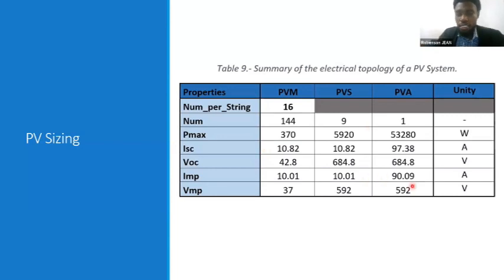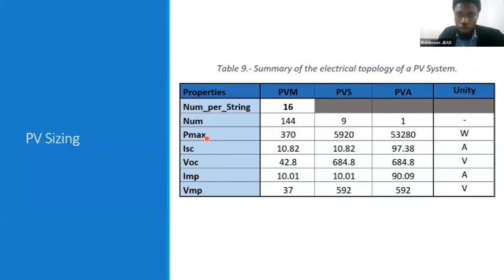For instance, this is a little summary of a system that we have designed. So we determine the number of modules per string, the number of photovoltaic modules, the number of strings, that was 9, the number of PV arrays, it is for one PV array, and later we have to determine the characteristics of each part: for the photovoltaic module, for the photovoltaic string, and for the global PV array.